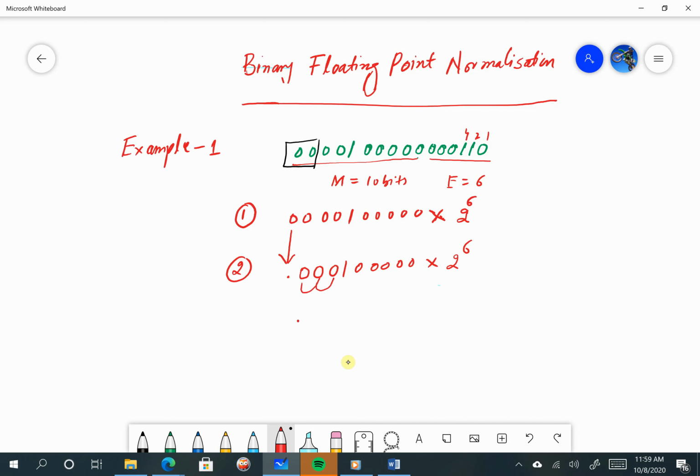So I will have to write here 1 0 0 0 0, 5 times zeros, and 2 power 6 as it is. And right now we move this how many points toward the right? I have moved just 3 points toward the right, so that's why I will write here 2 power minus 3.